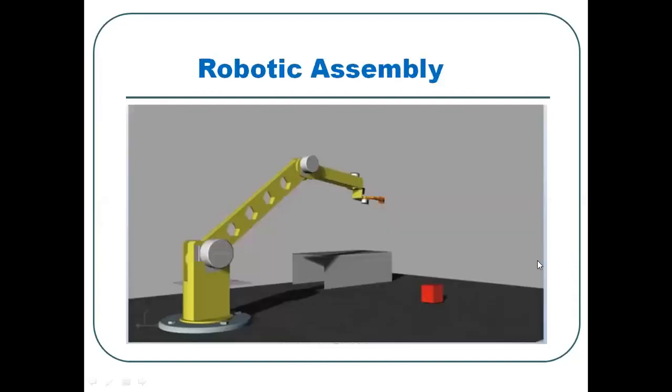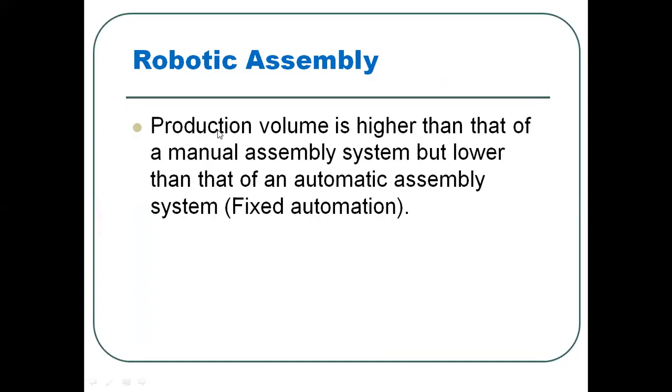Now you see robotic assembly. A robot will be used, with grippers at the end, or designed so that it can handle those products to assemble. Production volume is higher than that of a manual assembly system, but lower than that of an automatic assembly system. Manual assembly has lesser production volume, but automatic assembly has more because you have designed specialized equipment for that particular purpose.